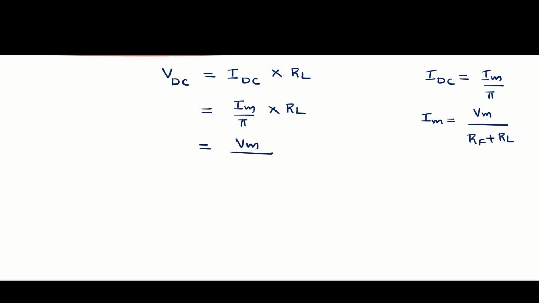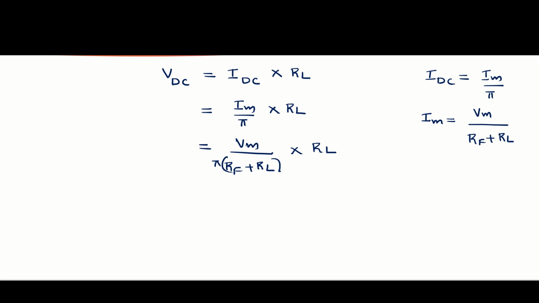So Im is equal to Vm divided by Rf plus RL, and also divided by pi, into RL.